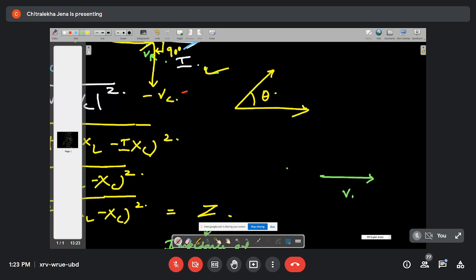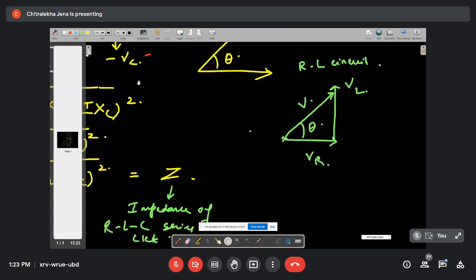This one I have drawn for the inductive case. VL and this one is your V. Have I drawn this for the inductor, the RL circuit or not? Yes, ma'am. What was your current waveform?